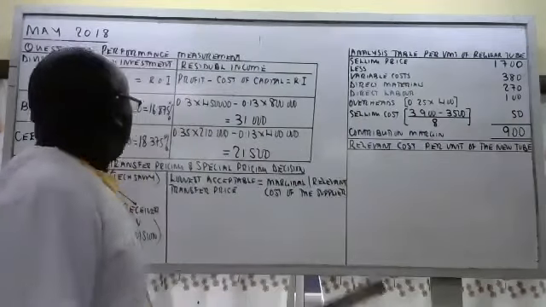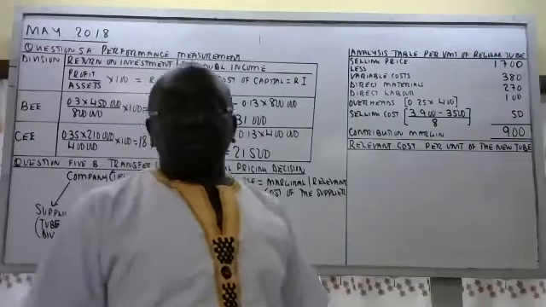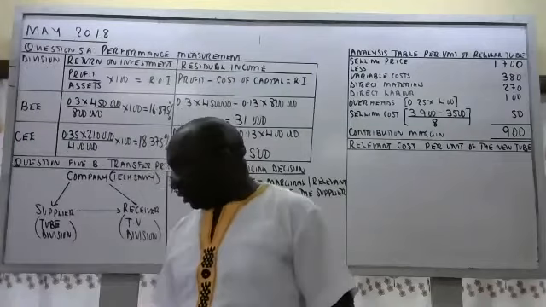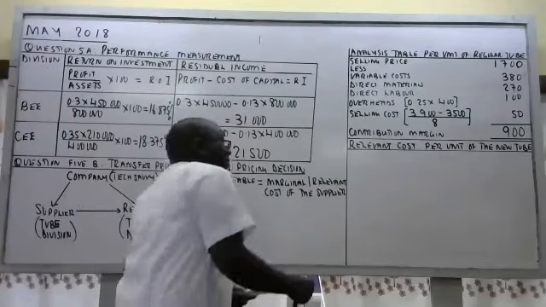Because we already know that the lowest price we are asked about is the relevant cost, and we also know so well that the variables are relevant.